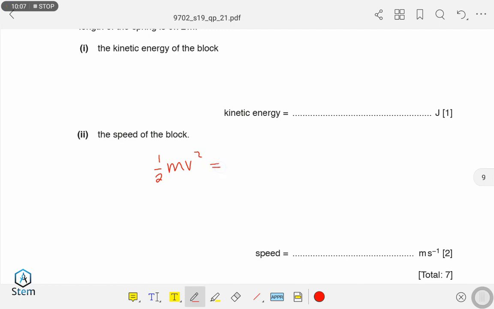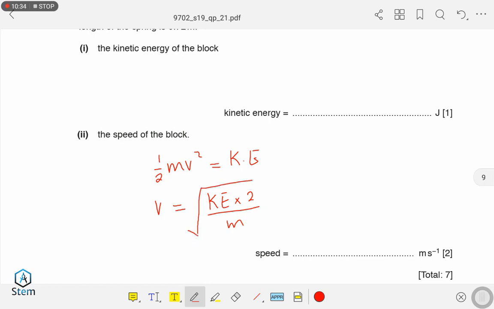This is equal to kinetic energy, KE. Now making v the subject of the formula, we are going to have KE times 2 divided by m, everything under the square root sign.